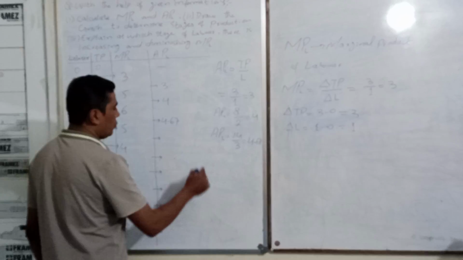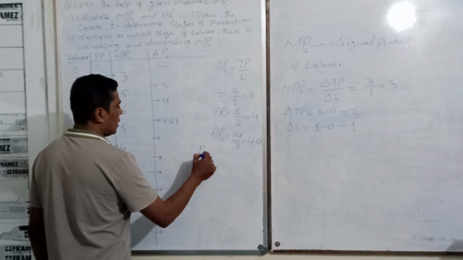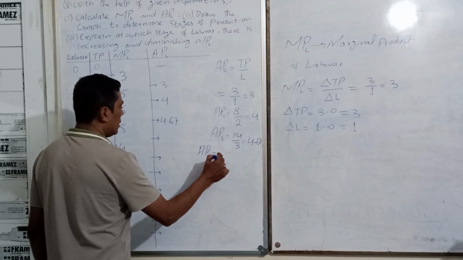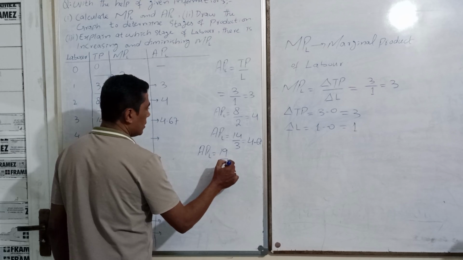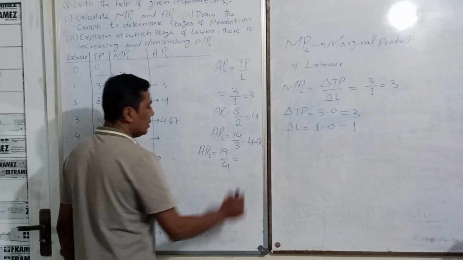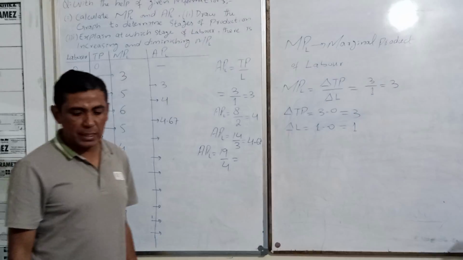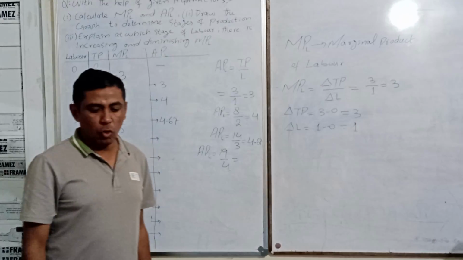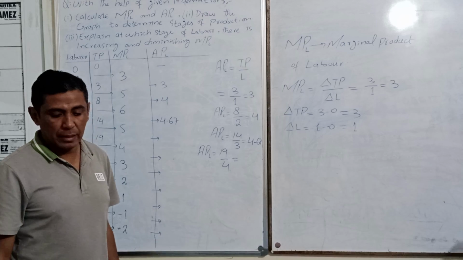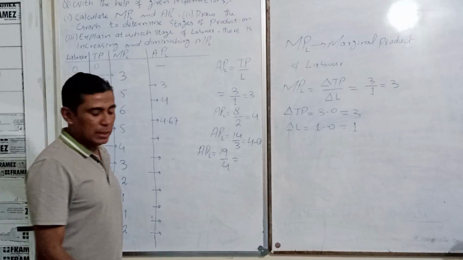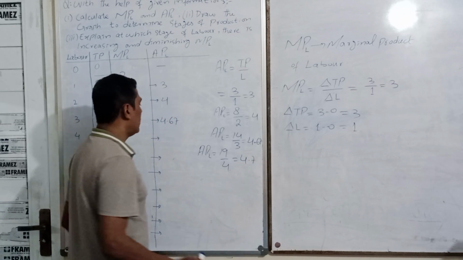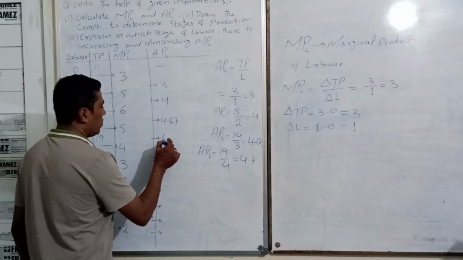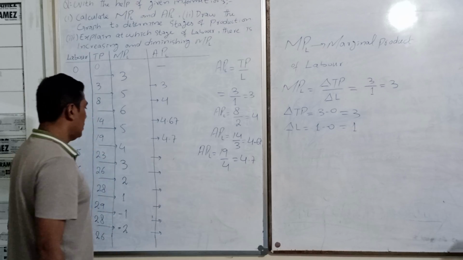Clear? Similarly, we can do the other APL values: 19 divided by 4 is 4.7. Your answer is 4.7. Clear?